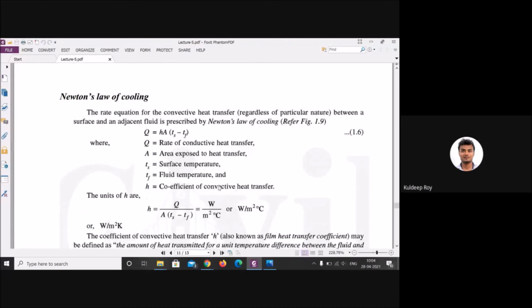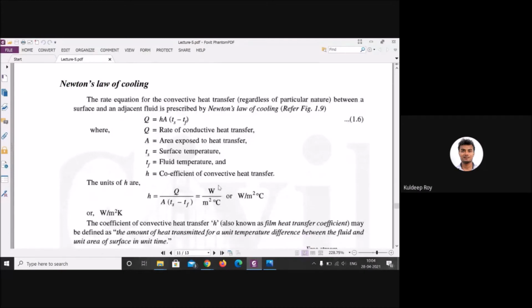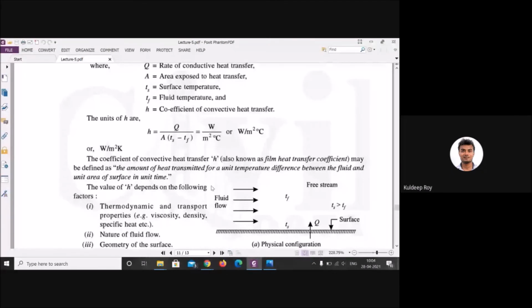If you want to determine h, then h equals Q divided by A delta T. These are the units. Now I think you have got a little bit of an idea.